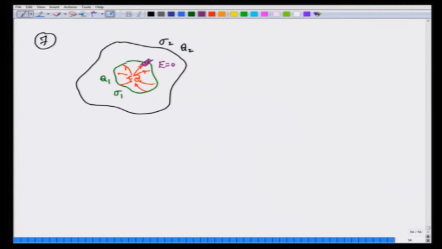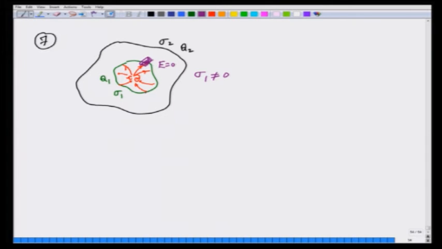The net flux through this small box is going to be non-zero, and therefore, sigma 1 is non-zero. Certainly, sigma 1 is going to be on this side negative, and on this side positive on the lower side, but it is non-zero.